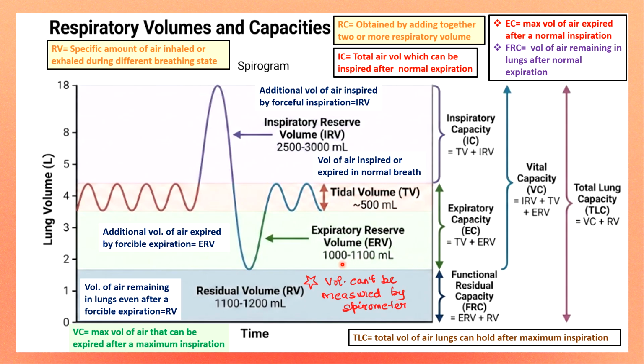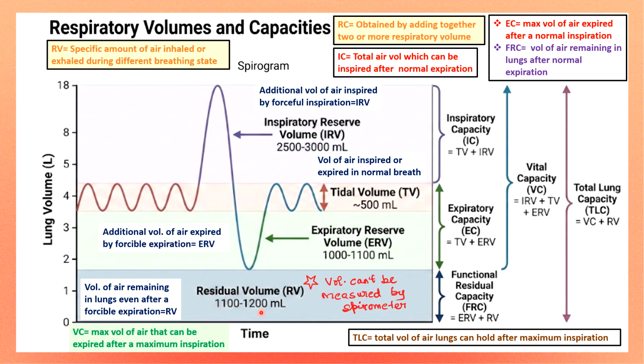Now, there is something called residual volume or RV. Even though you expire forcibly, there is some amount of air still remaining in the lungs. Why? Because in order to maintain the alveolar structure so that they don't stick together, we need some air to be present inside them, right?